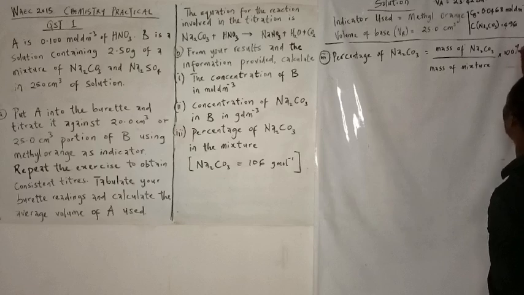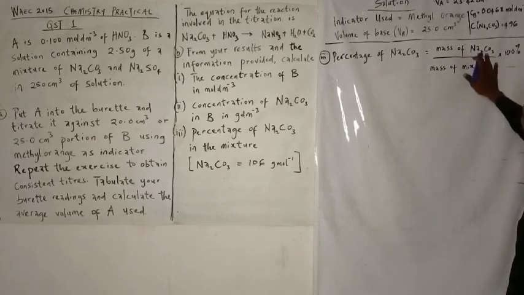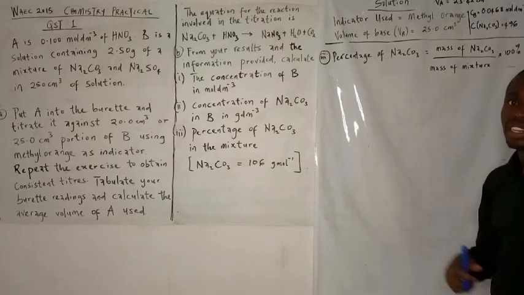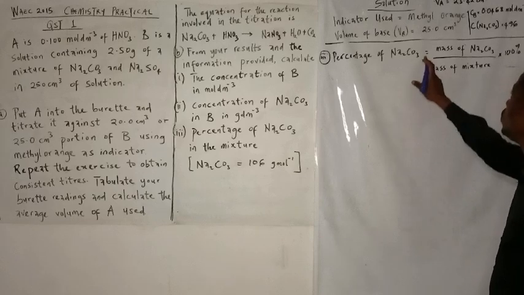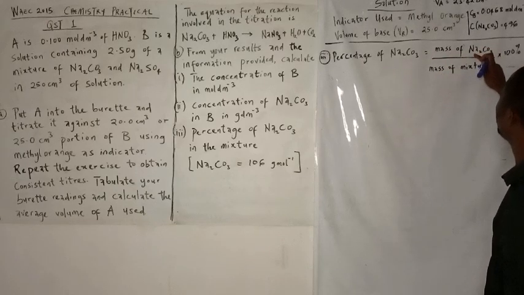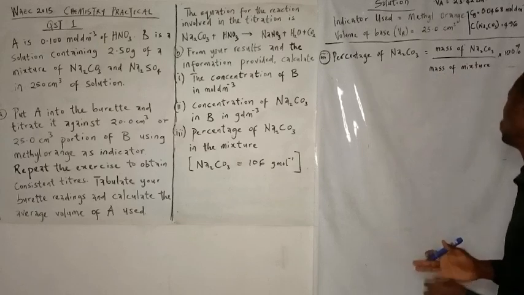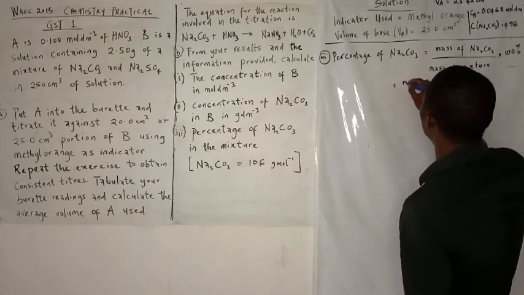That's how to find the percentage of sodium trioxocarbonate(IV). But then we do not have their masses directly, and so we can actually look for their mass concentration. This is still equal to the mass concentration of sodium trioxocarbonate(IV) all over the mass concentration of the entire mixture times 100%.